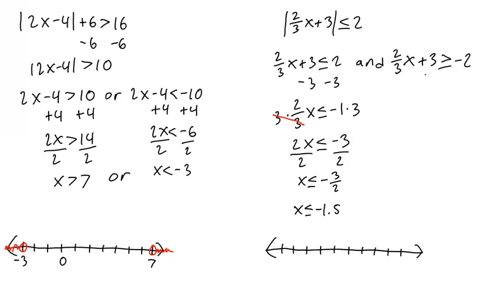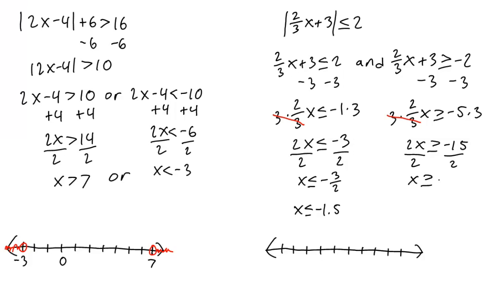Same thing over here. Subtract 3. 2/3 x is greater than or equal to negative 5. Multiply both sides by 3. 2x is greater than or equal to negative 15. Again, that's because these 3's canceled. That's what happens. Divide both sides by 2.